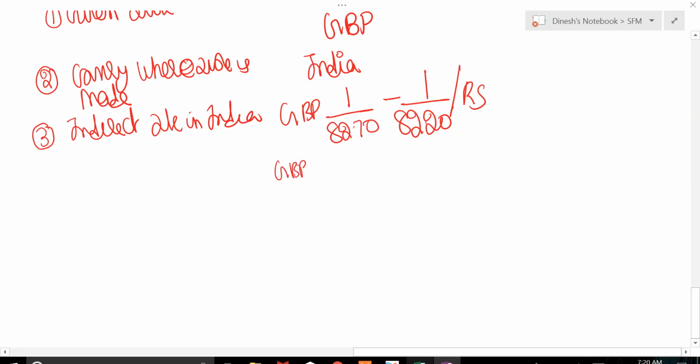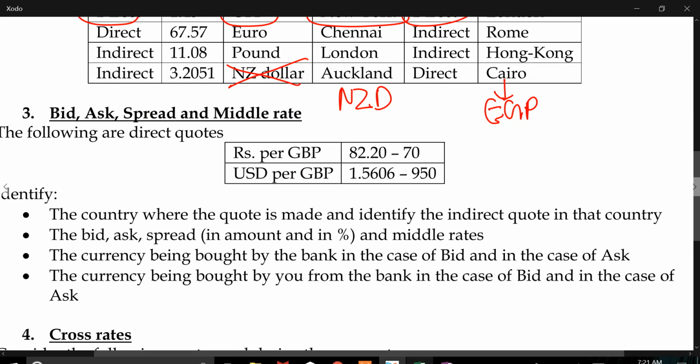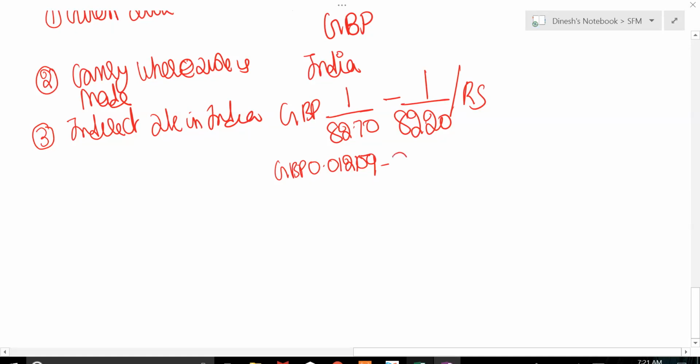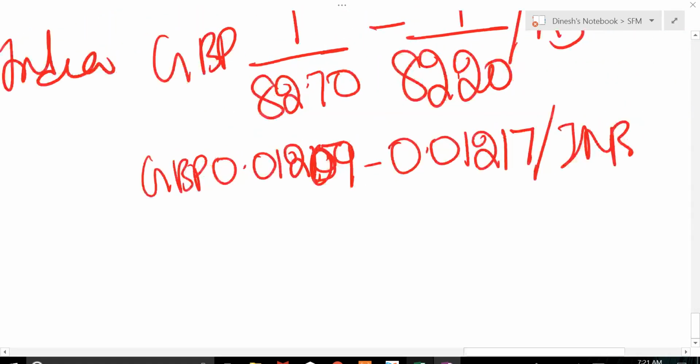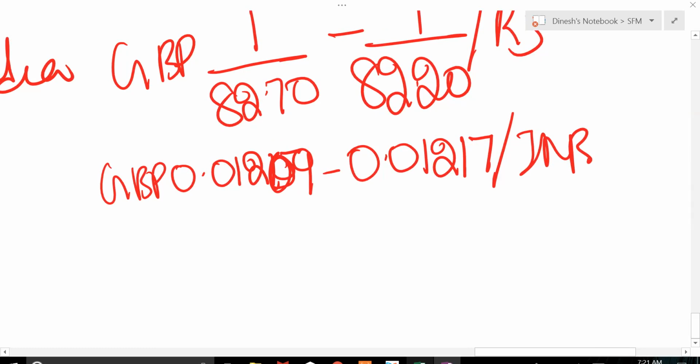It will be GBP 0.012, sorry, 0.01209, hyphen 0.01217 09.